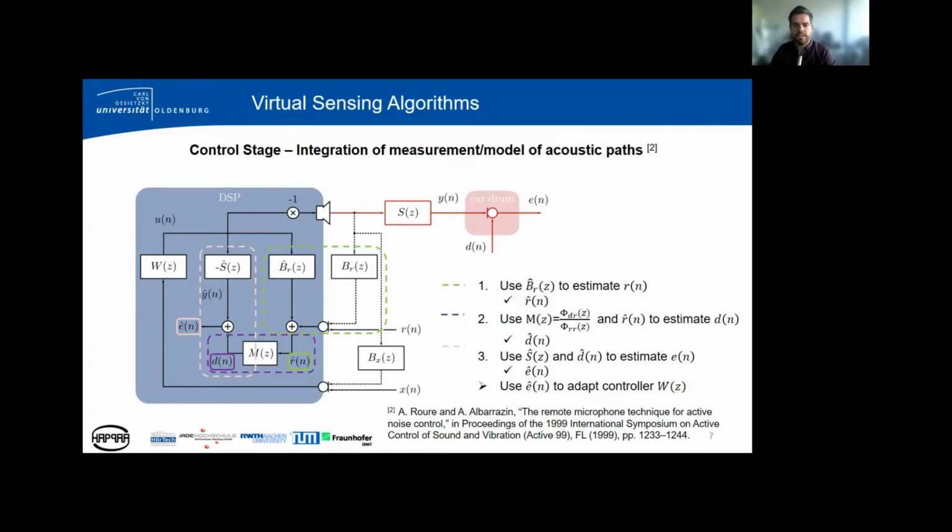Using the estimated signal D hat and the estimated secondary path S hat, an approximation of sound pressure at the eardrum E is done. The estimated signal E hat is then used to adapt the controller W, for instance, with the FxLMS adaptation algorithm.